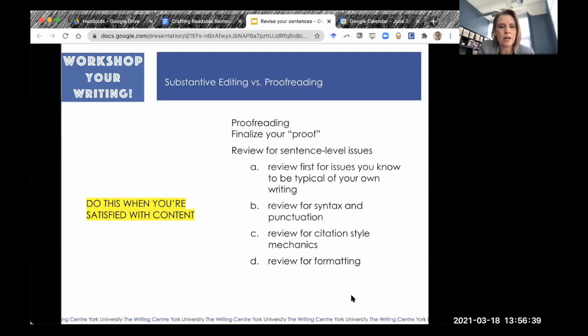Tutors are also focusing on syntax and punctuation and reviewing for citation mechanics and for formatting. So we have other workshops on citation and mechanics as well. There's also a service in the library that you can work with a librarian. James, maybe you can let me know if the Learning Commons is still doing the citation service.